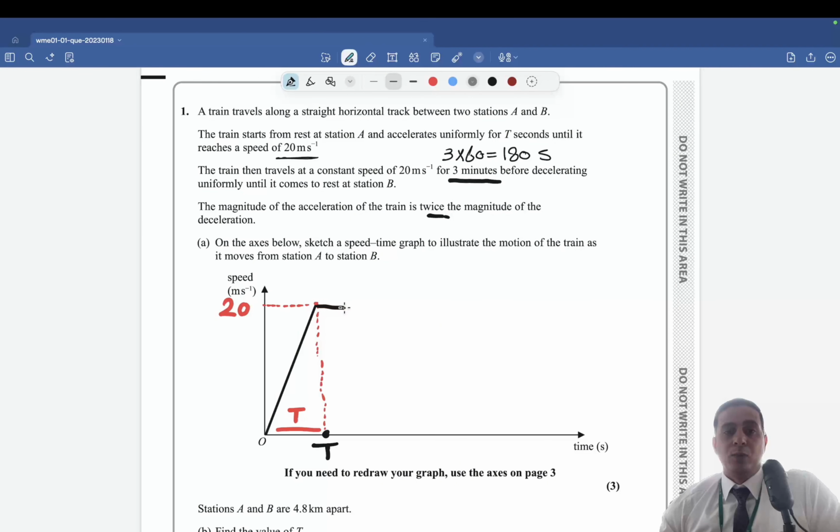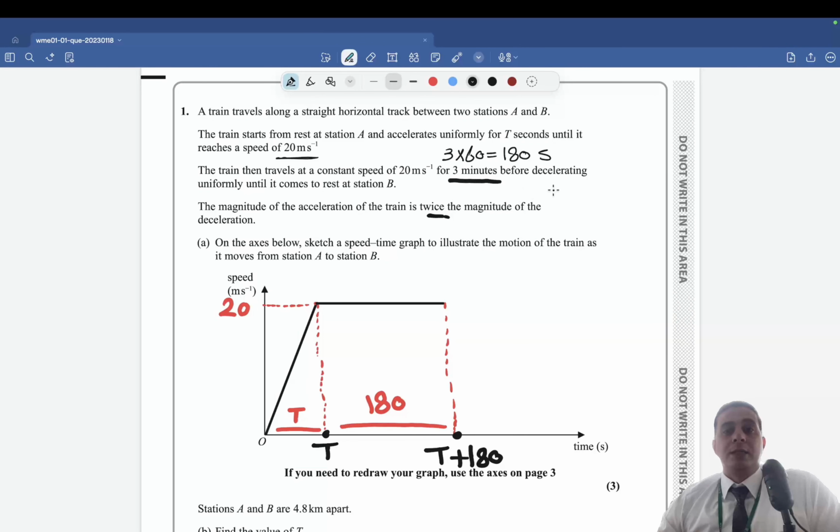So the train moves with constant speed, 0 acceleration, for 180 seconds. From this point to this point here will take 180 seconds, which means our point here should be t plus 180.